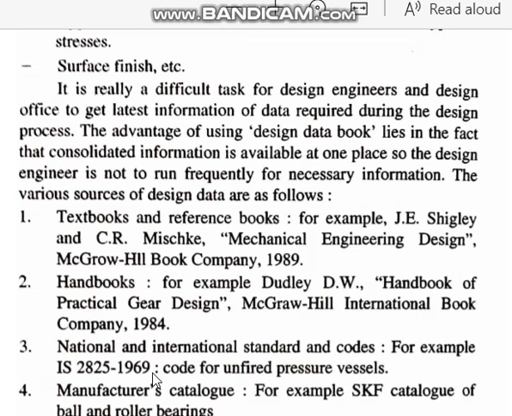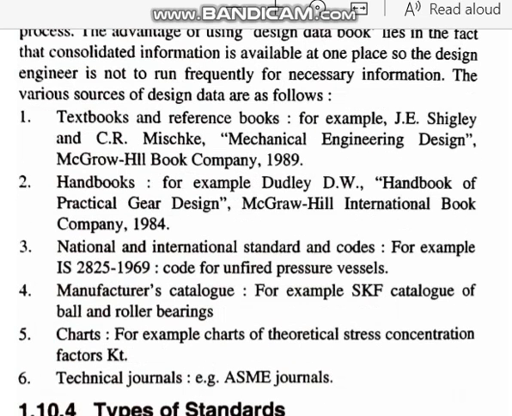These are national standards, national meaning our country India's standards, and international standards and codes are also available, and we can refer to these, and also manufacturers' catalogs. For example, for bearings, the SKF company has its own catalog of ball and roller bearings, so those things we can also use.